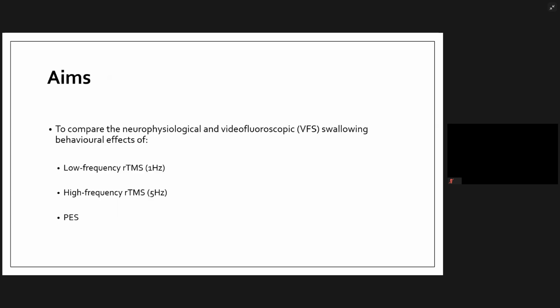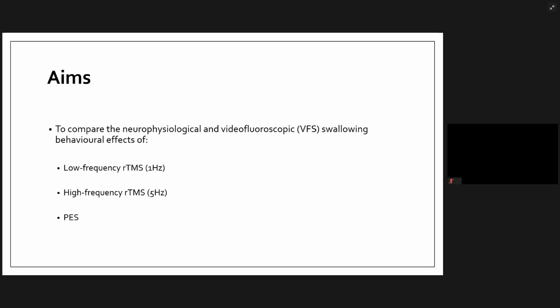So, to address that gap, what we aimed to do in the study was to study the effects of 3 different neurostimulatory methods. We looked at low frequency RTMS, which is RTMS delivered at a frequency of 1 Hz, which over the pharyngeal motor cortical center is suppressive.